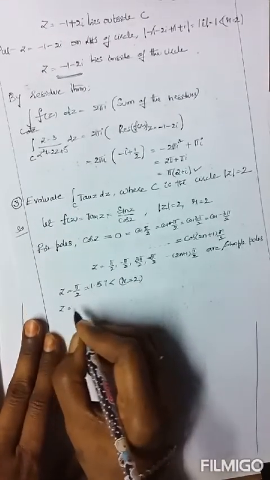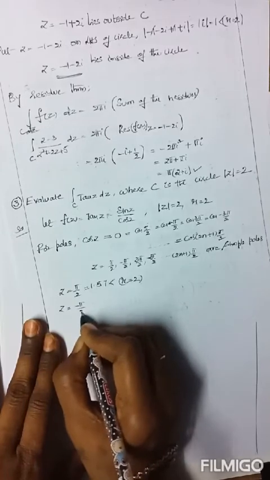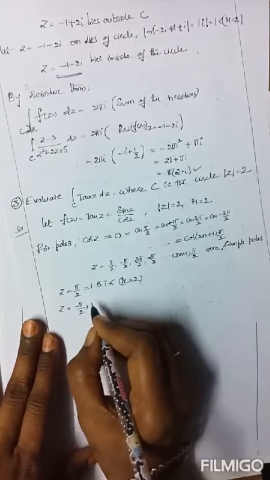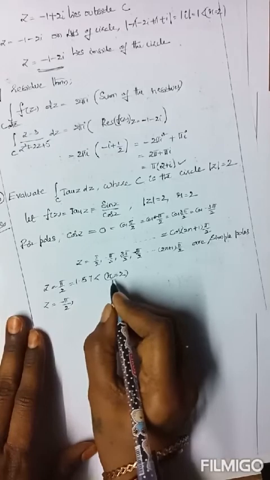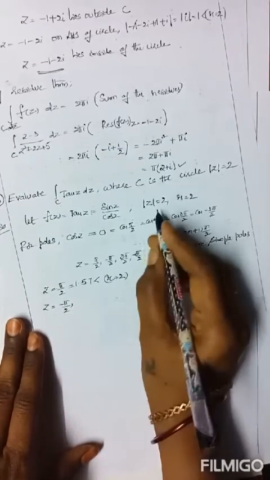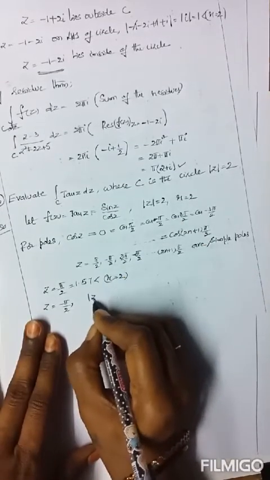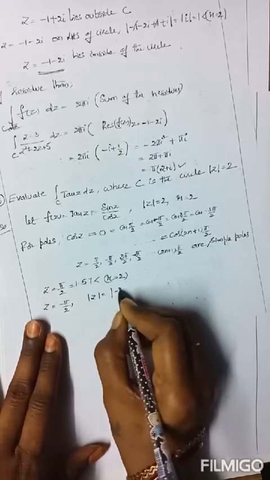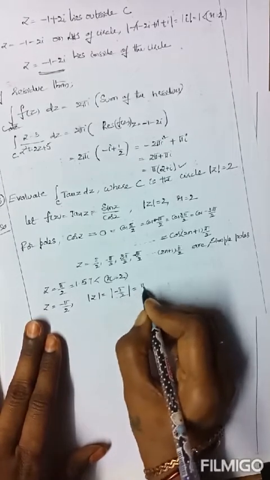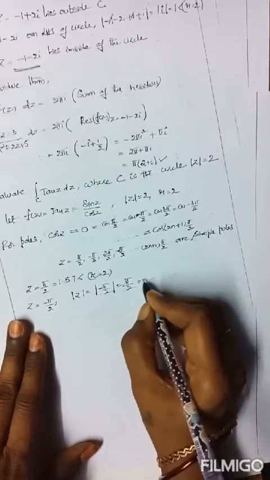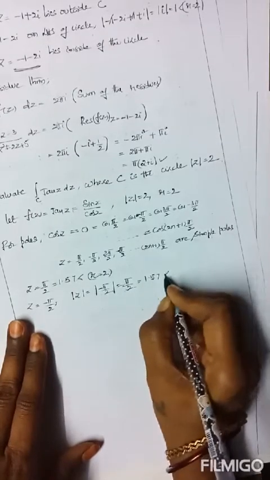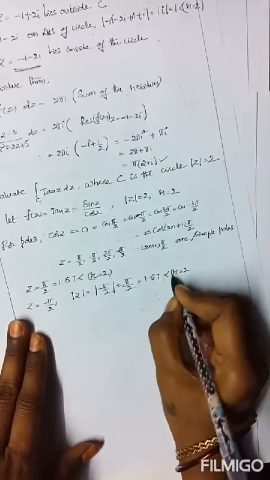Similarly z equal to minus pi by 2: modulus of z equals modulus of minus pi by 2, that equals pi by 2, its value is 1.57, which is also less than the radius.